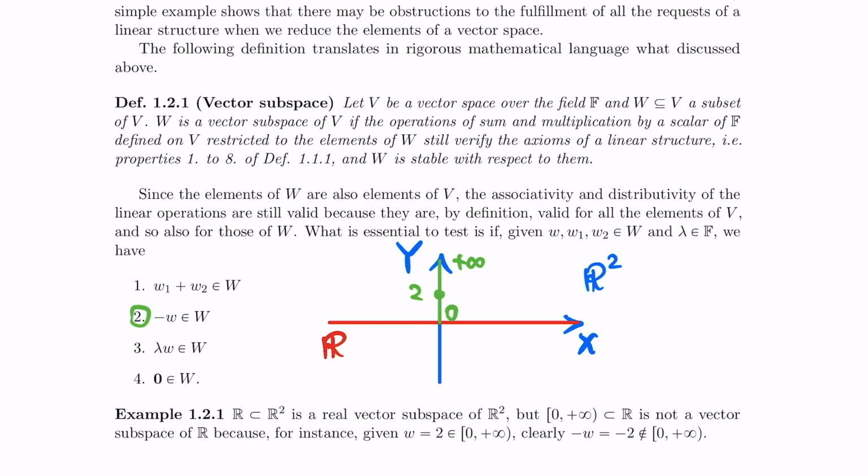That is, does the opposite of the number 2 exist? The answer is no, because the opposite of the number 2 should be here, but it is, of course, outside this segment. And so 0 to plus infinity is not a vector subspace of R2.